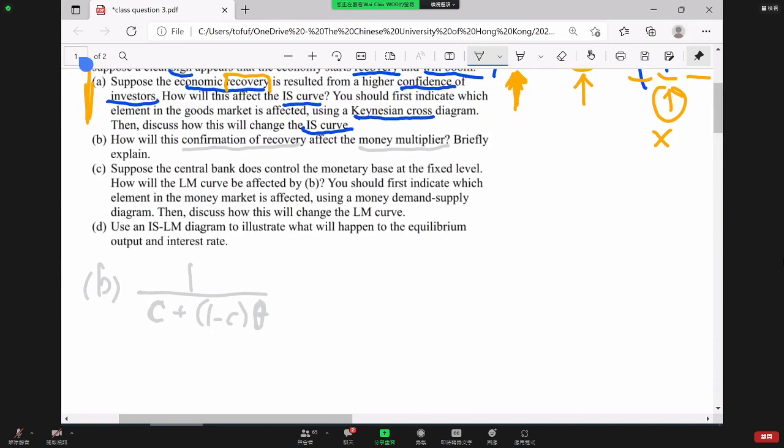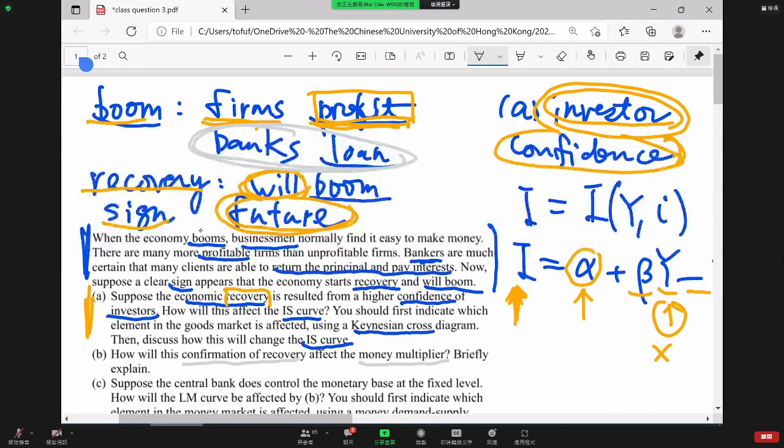It should not be concerned with the C. The C is not the banker's behavior. The C is the public. The public want to hold more currency relative to deposits or not, right? But we don't see a description relating to the currency ratio. But we have a description related to the banker's behavior.